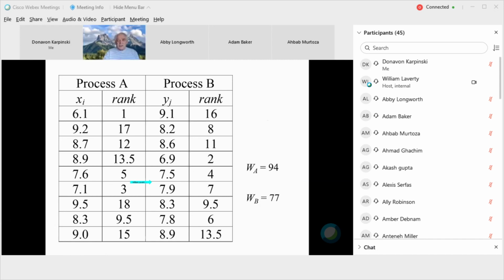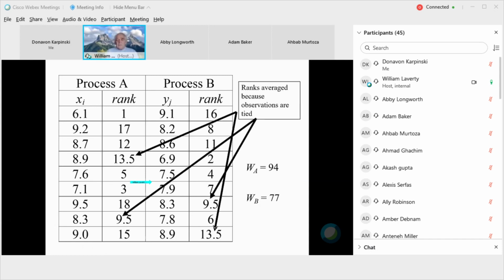Sometimes observations are tied. 8.9 is tied with the other 8.9. 9.5 is tied with the other 9.5. 8.3 is tied with the other 8.3. So what you do in the case of tied observations, you average the 2 ranks.